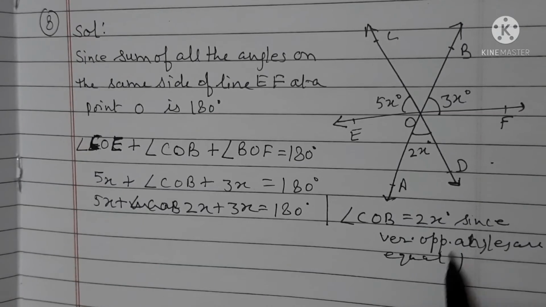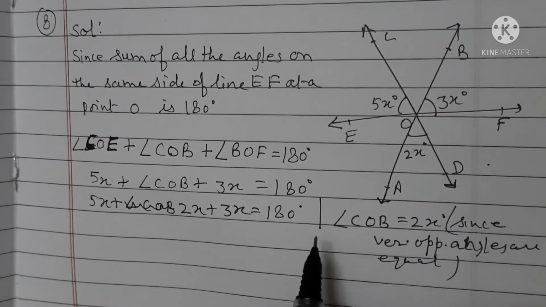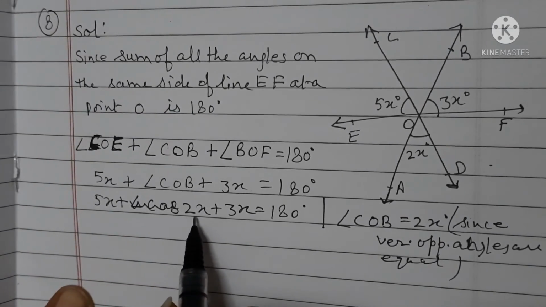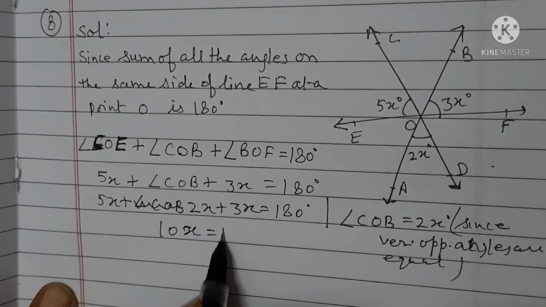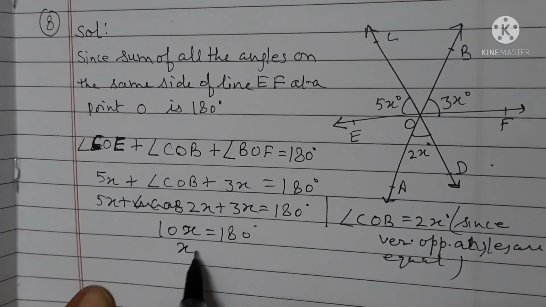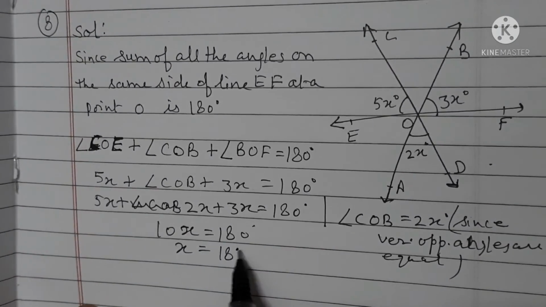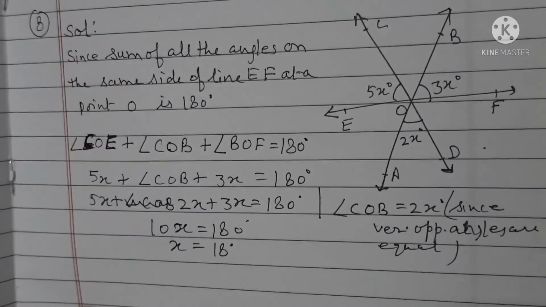You can give this reason. Now 10x is equal to 180 degrees. X is equal to 18 degrees. Divide by 10.